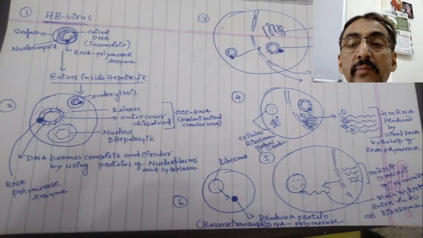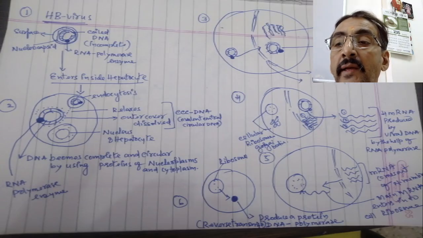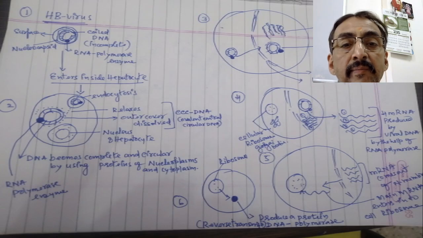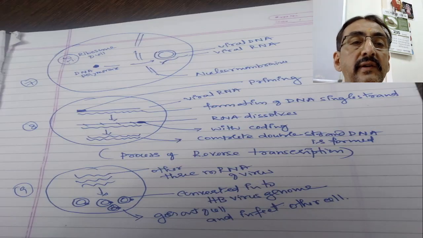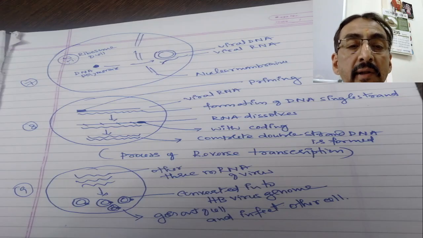Once the RNA polymerase enzyme is formed, it enters the DNA structure of the hepatocyte. From there it forms the DNA polymerase enzyme. So like this, how things are taking place is explained in the schematic pattern. It also shows how the viral DNA and viral RNA form, and what priming means. Everything is explained here.